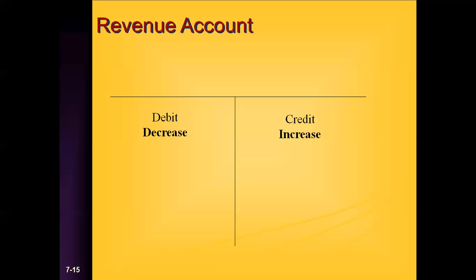So revenue accounts, usually a decrease in revenue would be a debit decrease and a credit increase. For expense accounts, if there's an increase in the expense area, there would be a corresponding credit decrease. So that, again, guys, is a mouthful and bushelful.